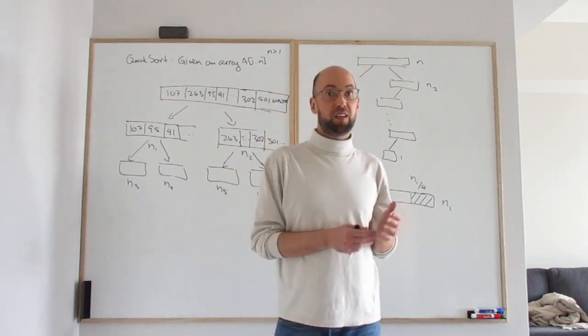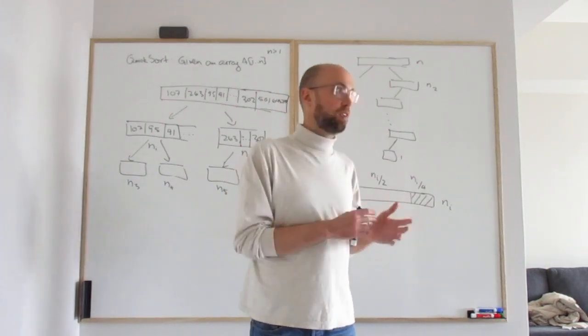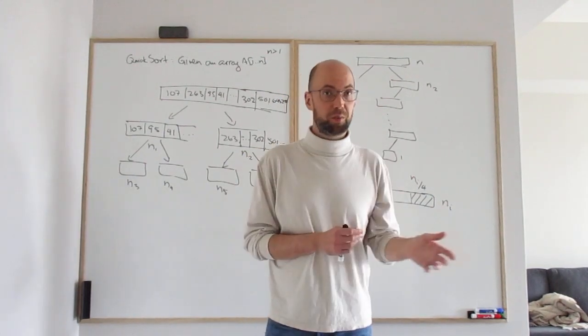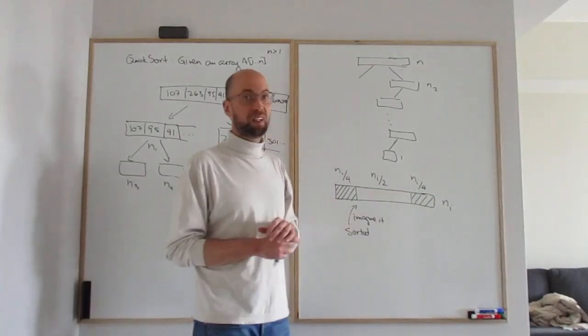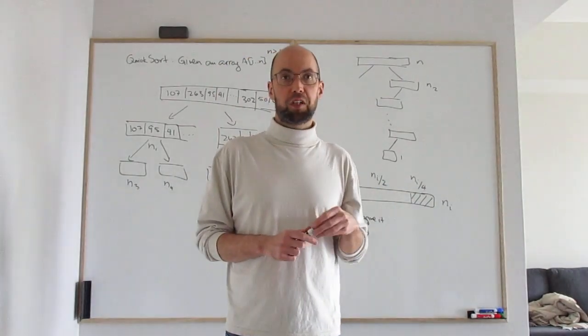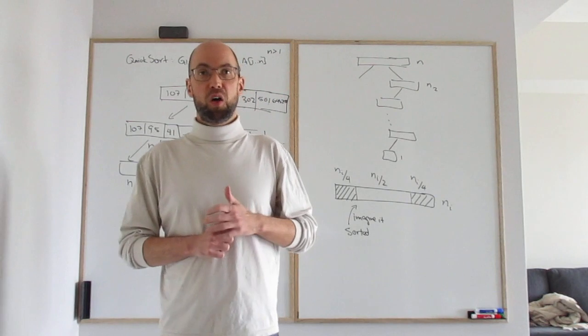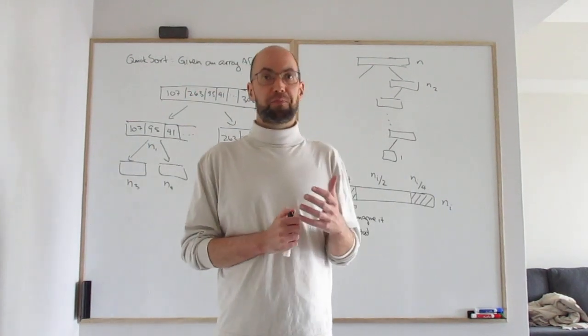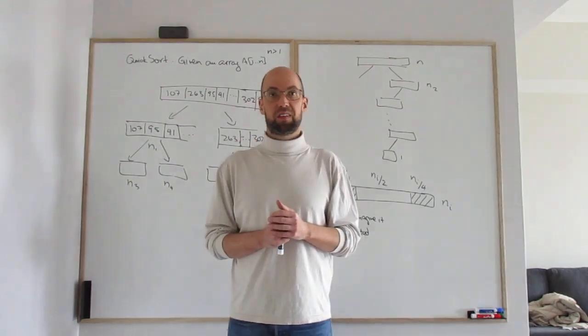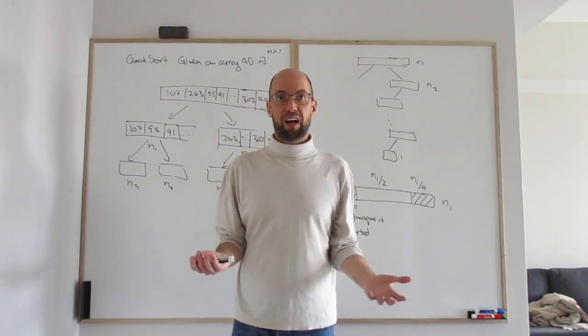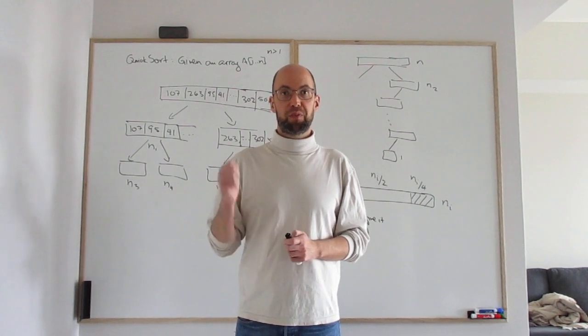If it's one of the biggest n_i/4 elements, then I'm also very unhappy because the split is also going to be skewed. And I'm fairly happy if it's in the middle half. So what is the probability that I'm happy? It's a half. It's like a coin flip.